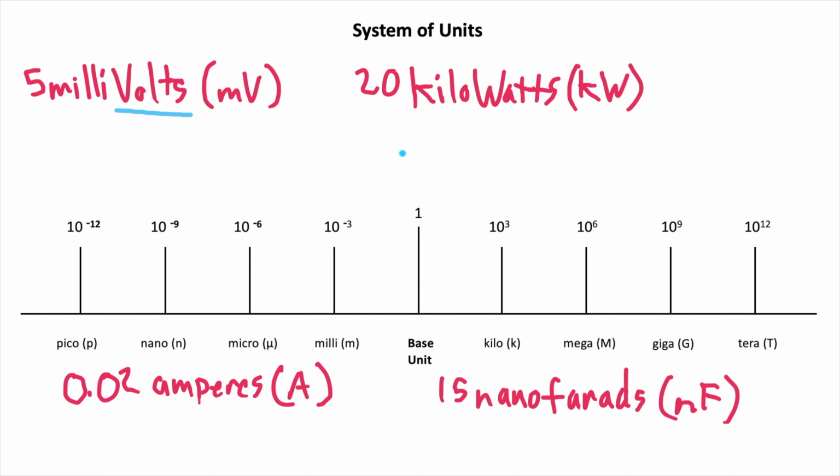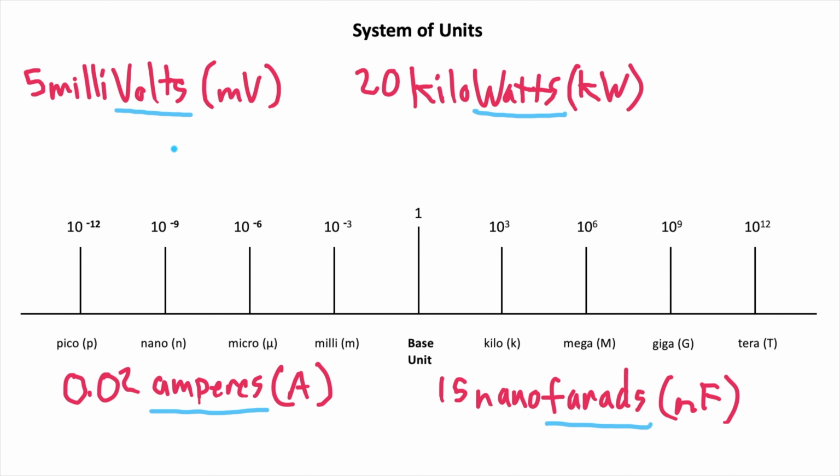Lastly, we have the unit element of the expression, and you can just refer to this as unit, and it tells us what we are measuring. So examples are volts with the symbol V, or watts with the symbol W, or amperes in this case with the symbol A. And at the end here, we have farads with the symbol F. So the unit specifies what you are measuring, whether it's voltage, power, current, or capacitance.